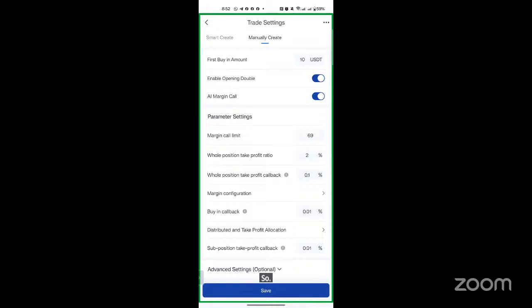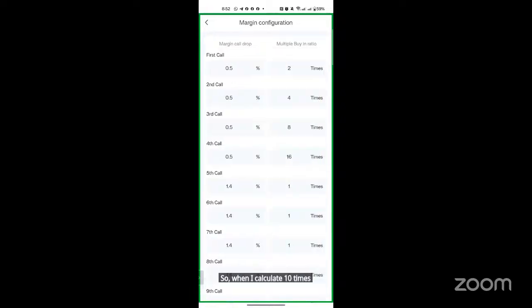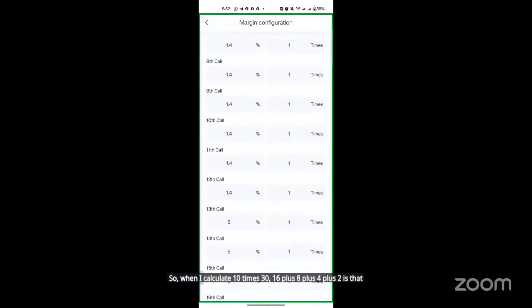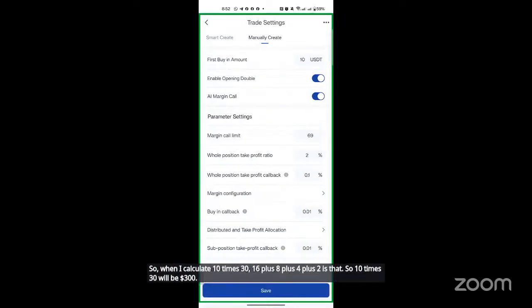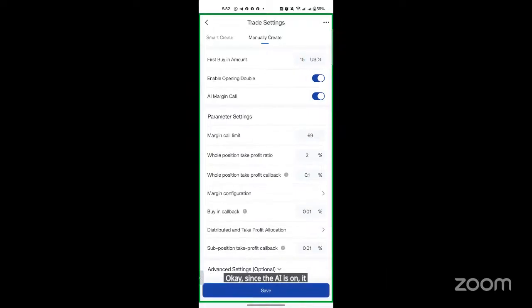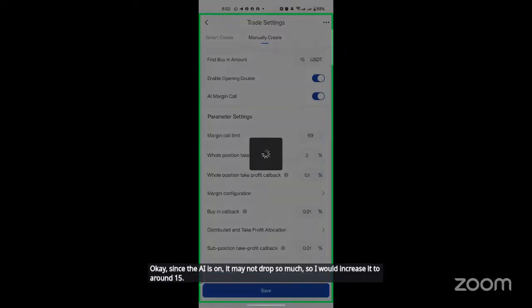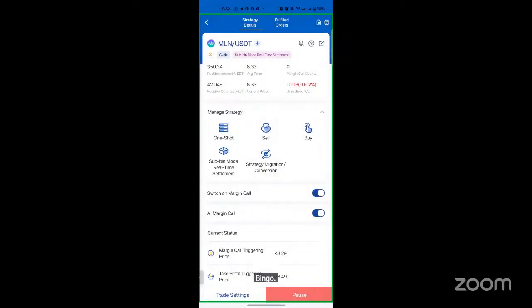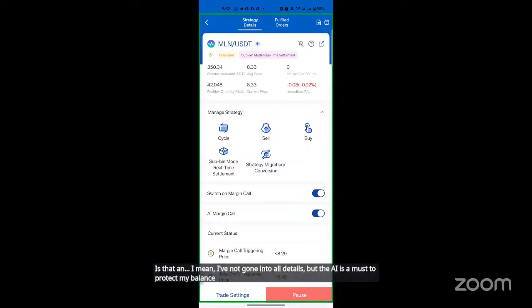So when I calculate 10 times 30, 16 plus 8 plus 4 plus 2 is 30, so 10 times 30 will be $300. Since the AI is on, it may not drop so much, so I will increase it to around 15. Bingo. Let's go. One shot. Is that hard? I may have not gone into all details, but the AI is a must to protect my balance. Simple.